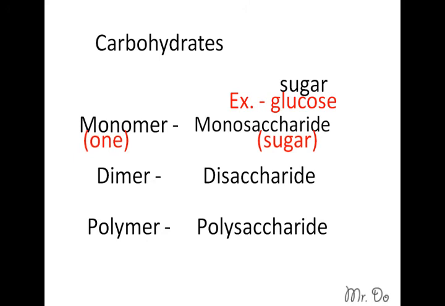Mono is Latin for one. So a monosaccharide is a single sugar. Dimer, as we learned, is Latin for two. So can you guess what disaccharide is? And poly means many. So take a guess what polysaccharide is.